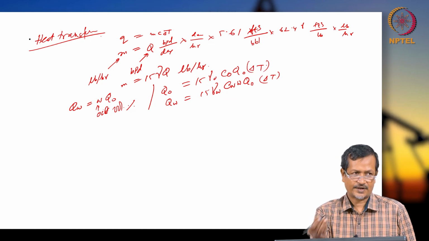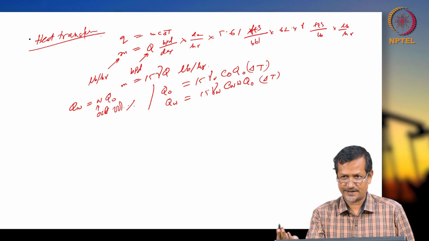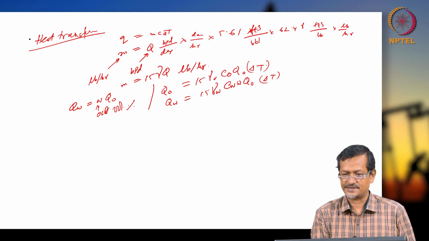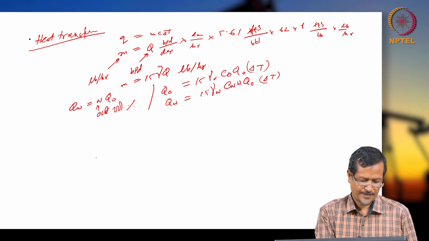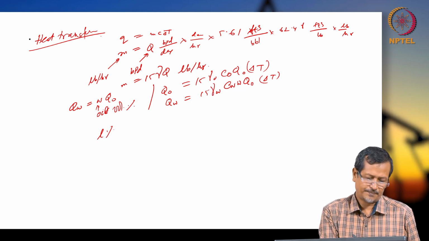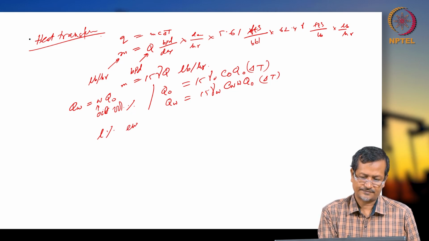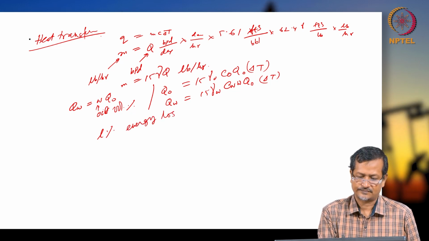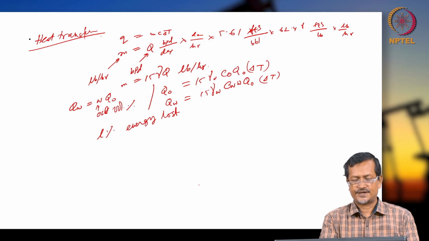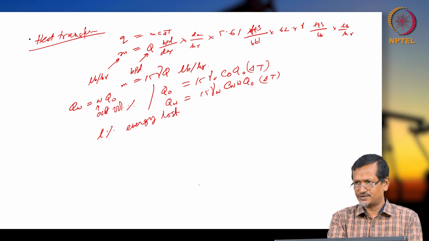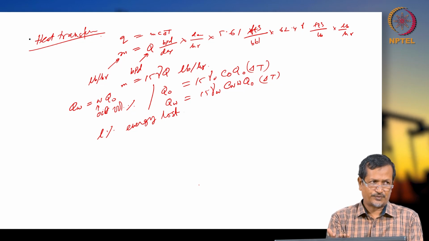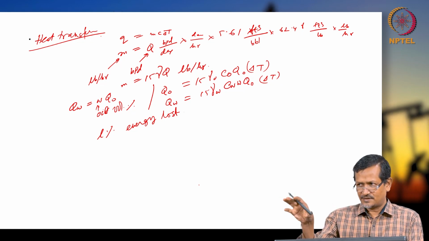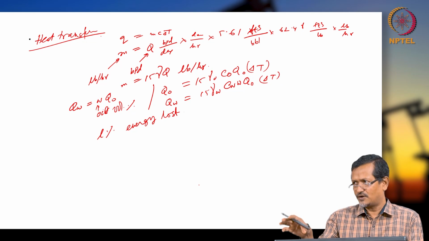Then how much total heat they are taking, and how much heat is getting lost. As before, but derived in a different way: let L be the percent energy lost. Energy gets lost because of radiation, convection, and conduction, and you cannot recover it. That heat will not go to heat your oil or water.